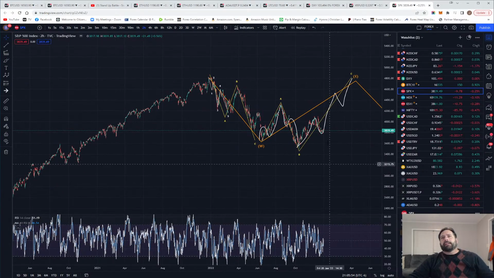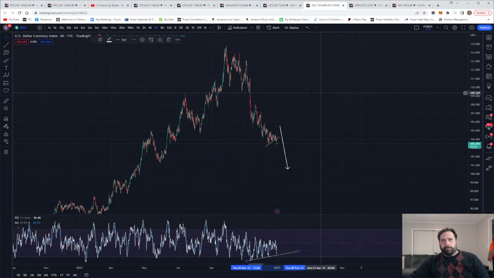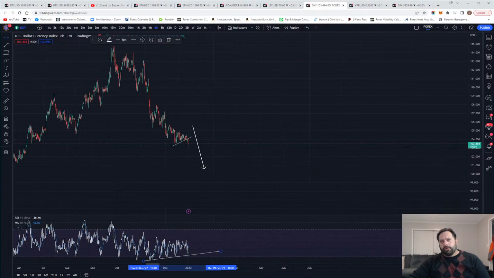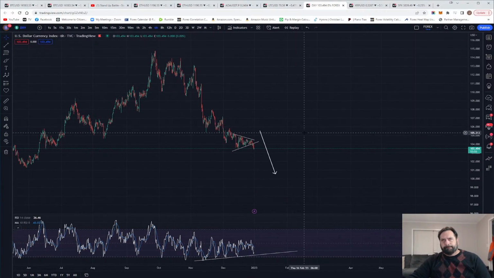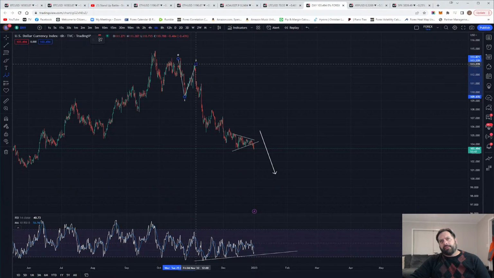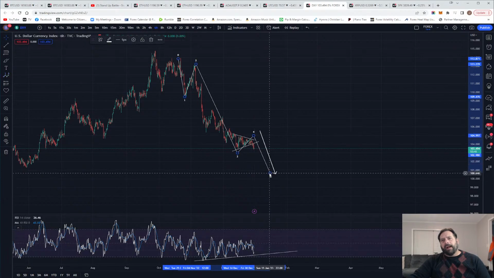Okay. Look at DXY for a moment. DXY here looks like we had some kind of a triangle right in here. I had that marked as a triangle. We could have some kind of 1, 2, maybe this is 3 with some kind of ending diag, 3, 4, and then 5.